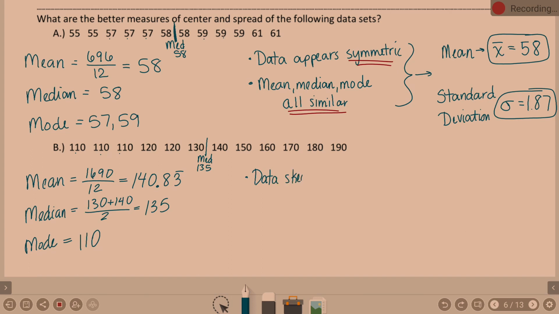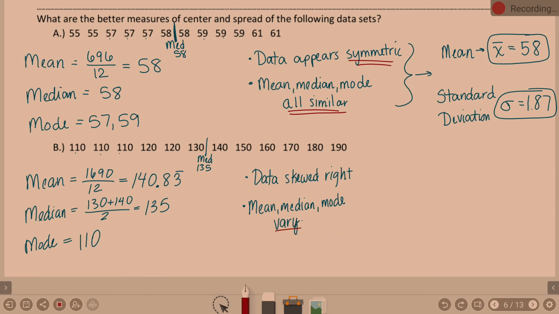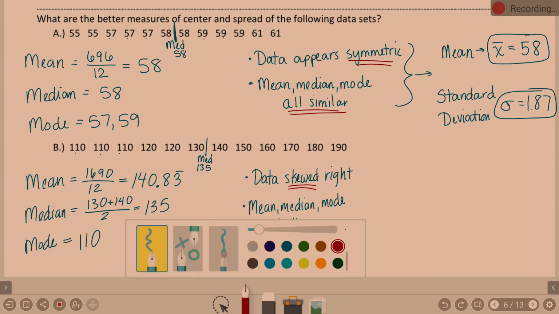Now, does it matter which way it's skewed for this purpose? No. The data is skewed. That's what matters. So the data is skewed, and the other indicator is that the mean, median, and mode all vary. So the skew and the vary are your 2 clues there.